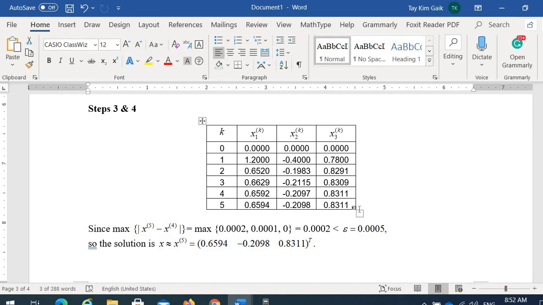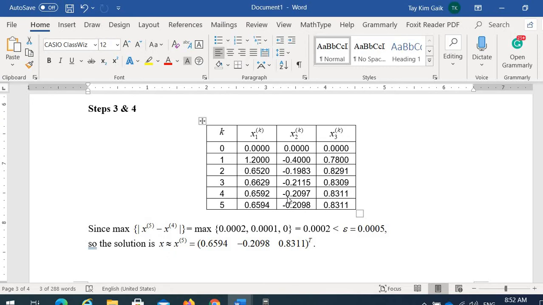When we stop, the last case solution is the last iteration. For example, x number 5 here minus x number 4. This one, the first value, the absolute value is 0.002. This one take the magnitude, we've got 0.001. This is 0.